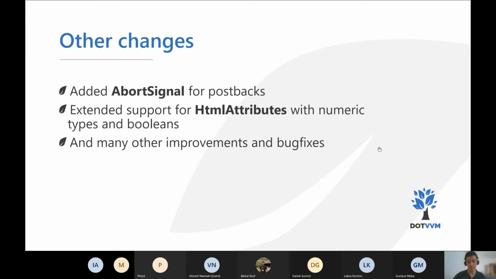So DotVVM 3.1, these were the most important changes, and I would like to encourage you all to also have a look at our changelog for DotVVM 3.1, as I couldn't go over all the changes, as there were a lot of them, also small improvements and bug fixes that can be quite helpful. So yeah, if you would like to know more, you can go over our release notes for this milestone.